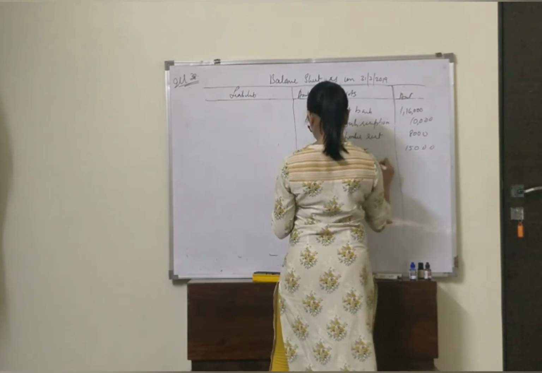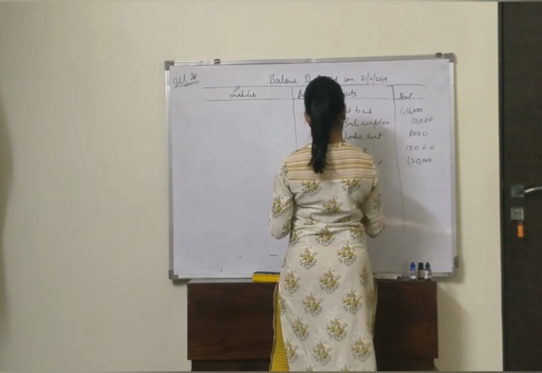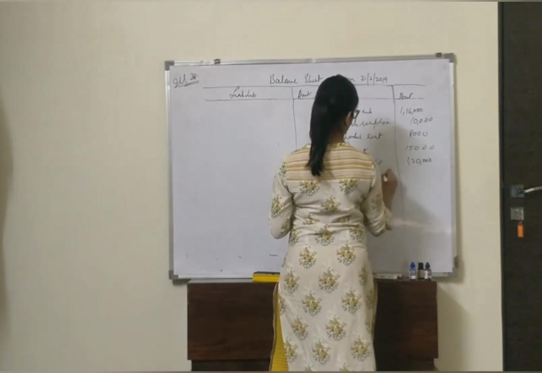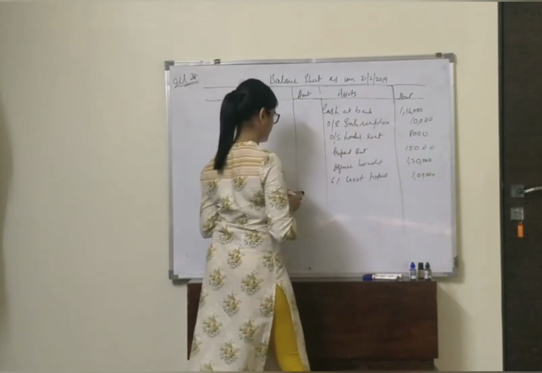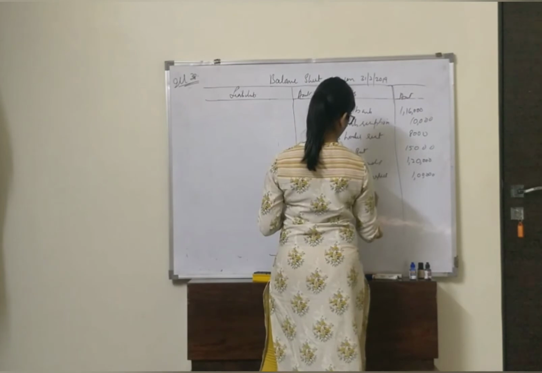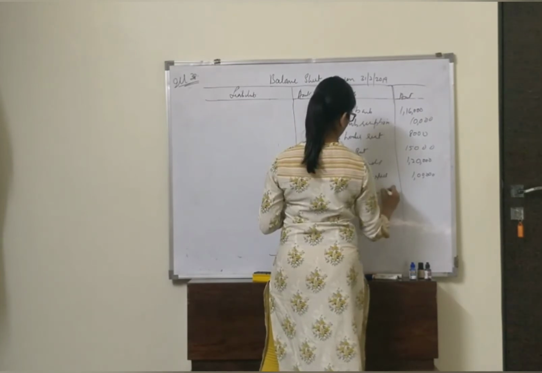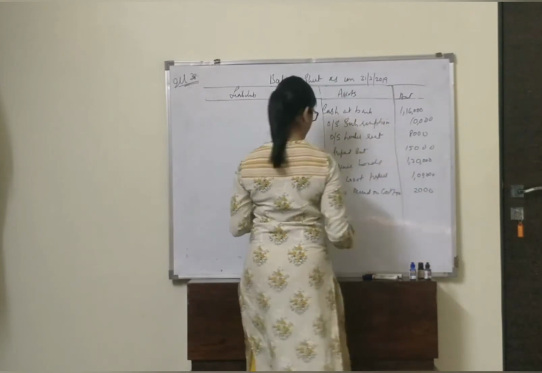Defense bonds 1,20,000. 6% government papers, on the payment side 1 lakh. Interest accrued on government papers 2,000.